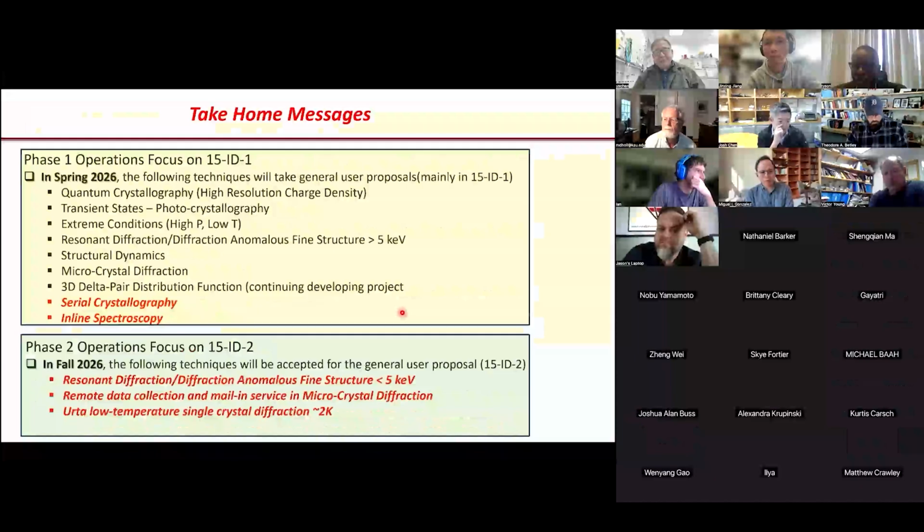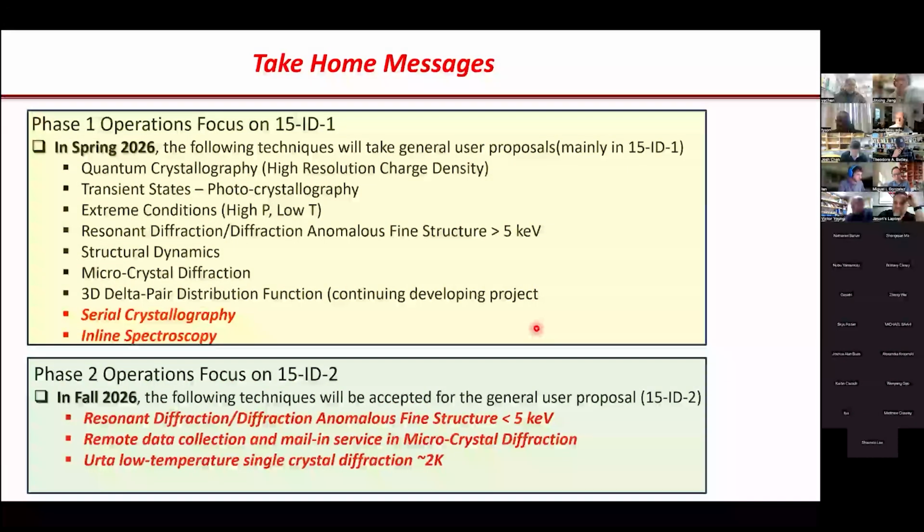People say you can use a variable temperature study to determine the shape of the Bragg peak, or you can use simulation, the elastic constant, to determine the shape of the Bragg peak. So we're still working on this part.